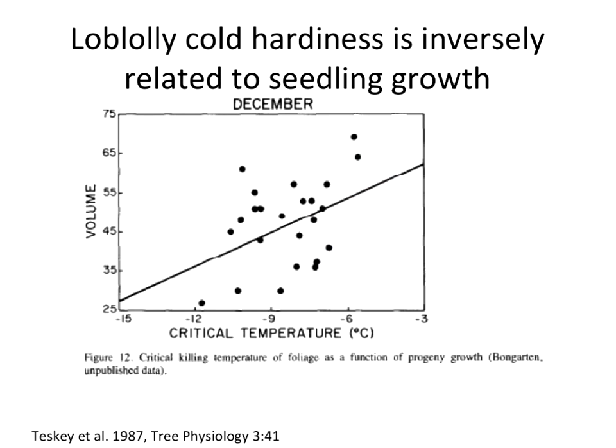And even within a species, there are variations in their ability to deal with cold temperatures. These are data, again, from Bob Teskey, showing on the x-axis the critical killing temperature. At what temperature are the needles actually killed on these seedlings, and how is that related to those seedlings' growth rates?